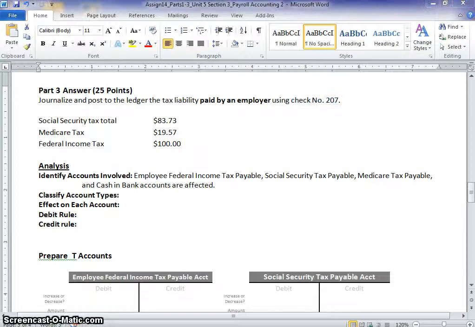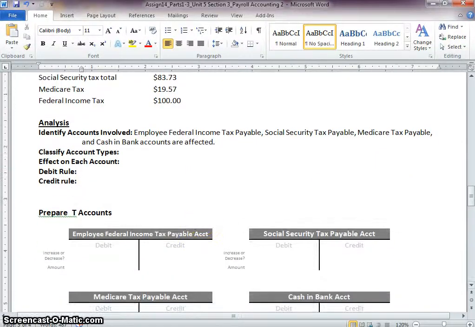Same type of thing. Here you're going to analyze these accounts. These are the ones we're working with. So I want to know what types of accounts each of these are, and then the effect that it will have on each of these accounts, whether they will be increased or decreased, and which accounts the debit rule applies to, and which accounts the credit rule will apply to.